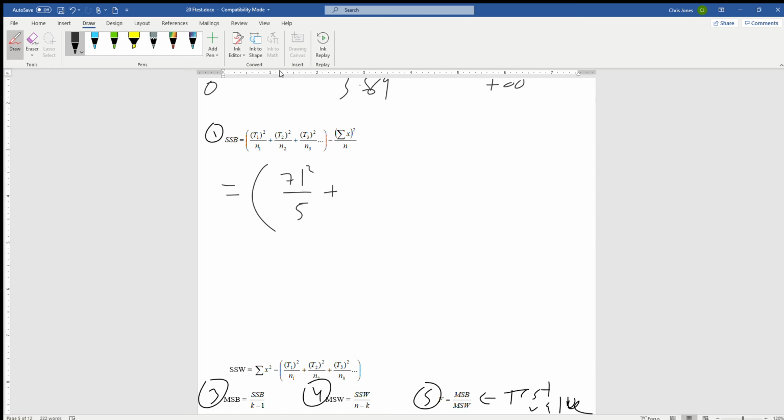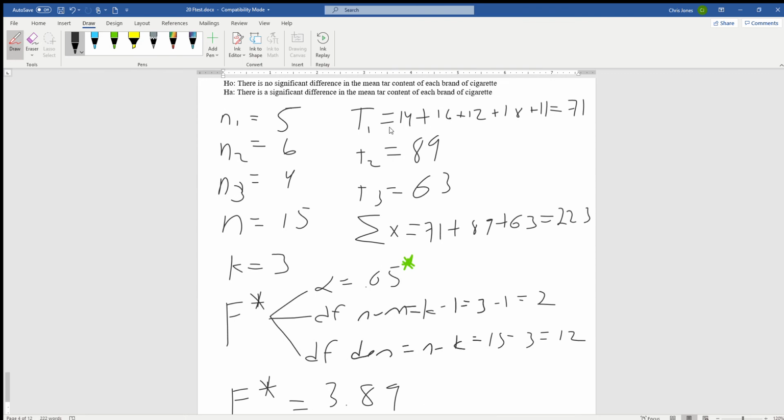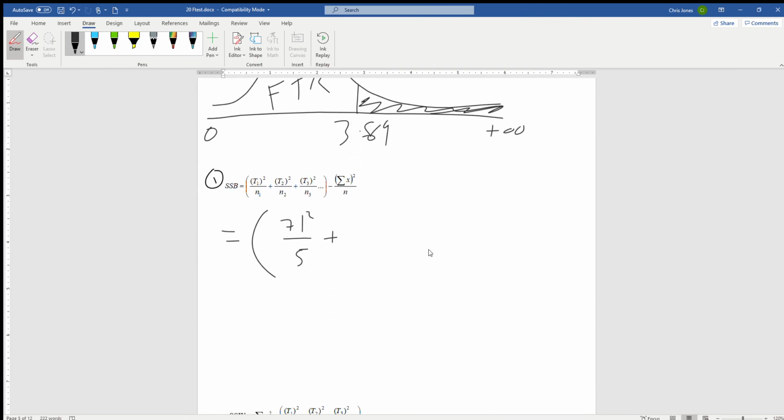I'm just getting all these values from up here, the values that we just got: 89 squared over 6, and then 63 squared over 4. Then finally we subtract out the sum of x, which was 223 squared, and n was 15.